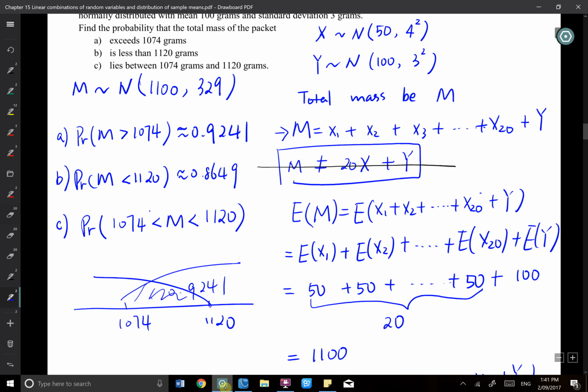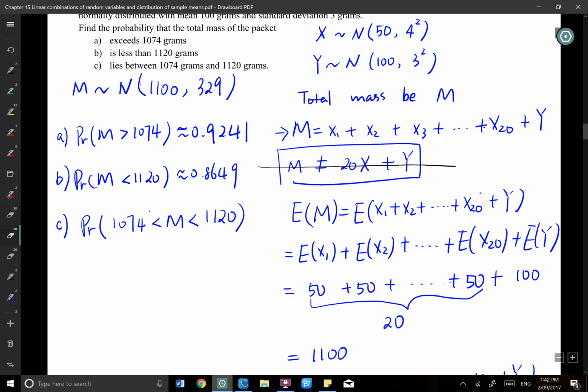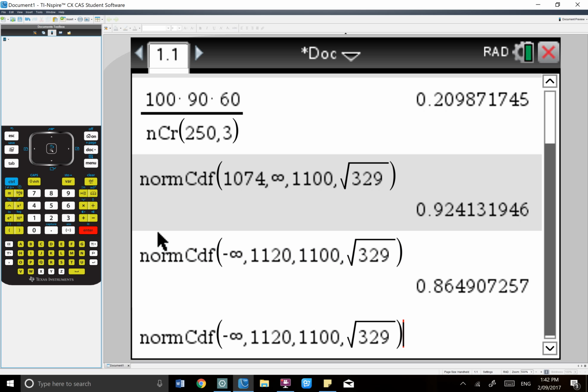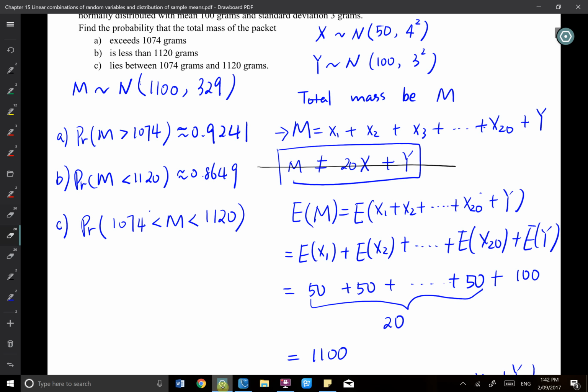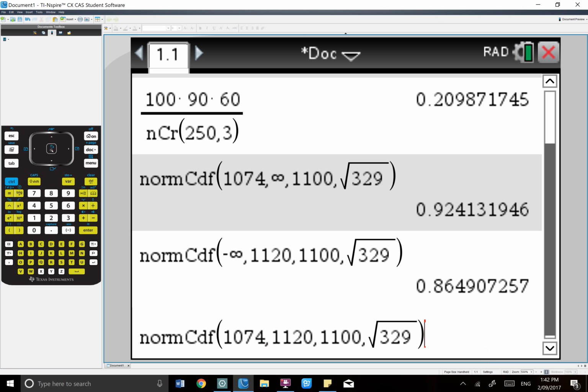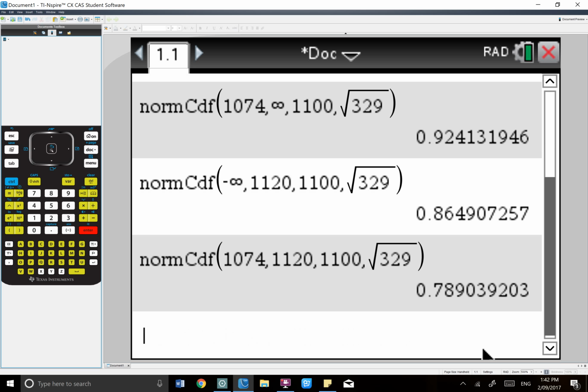You could add them and subtract 1, but it's easier to put that directly into the calculator: 1074 to 1120 gives 0.7890.